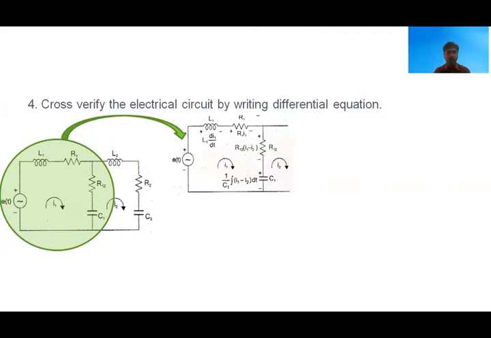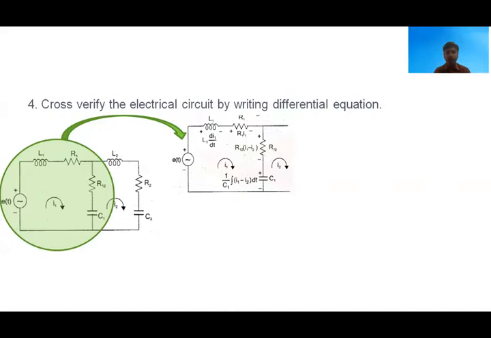Since the first one is E of t, voltage source, the voltage across this source is E of t only. The voltage across inductor L1 is L1 into di1 by dt, because the current flowing through this inductor is I1.